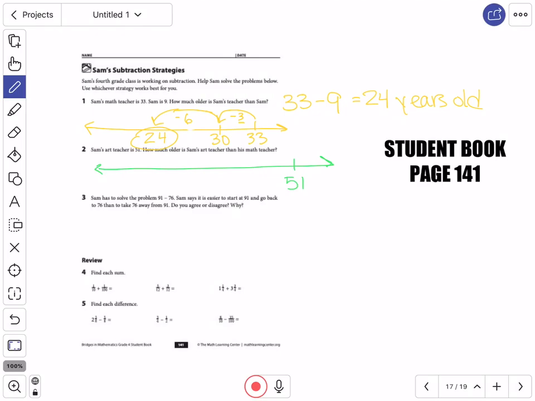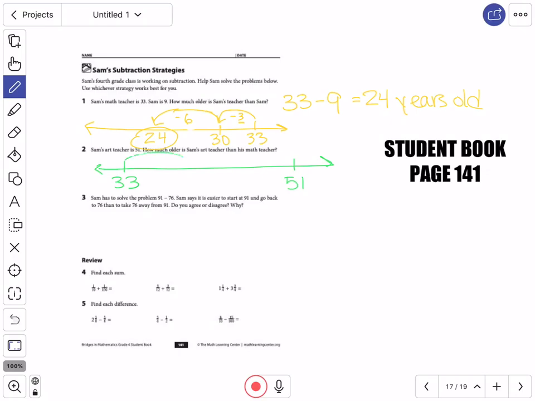And how much older is Sam's art teacher? So we know that Sam is 9, all right? And his math teacher is 33, sorry.